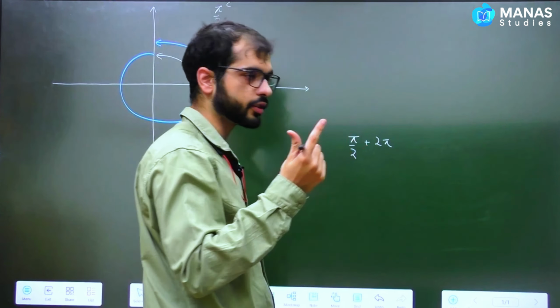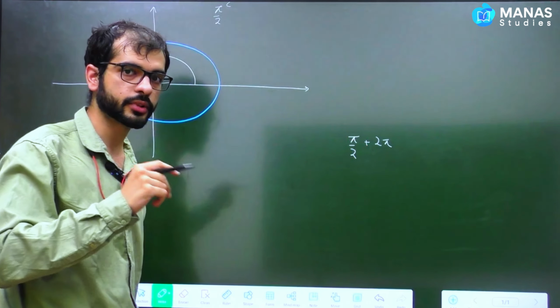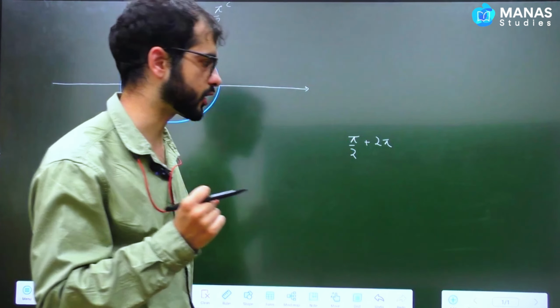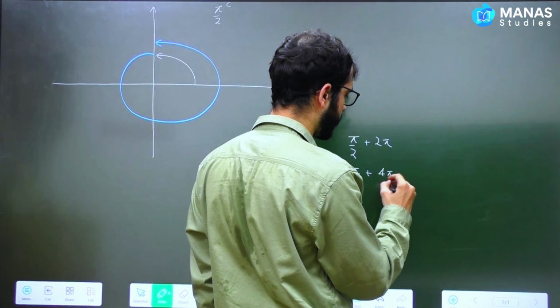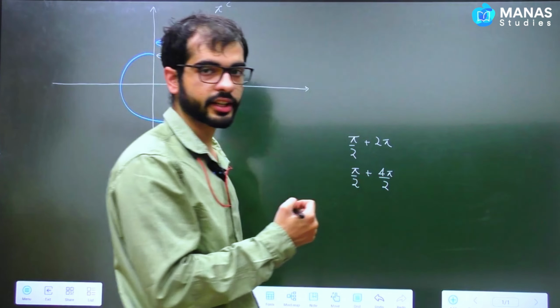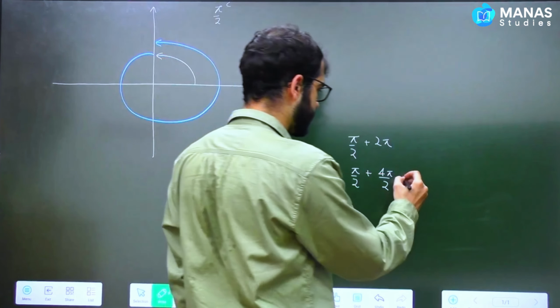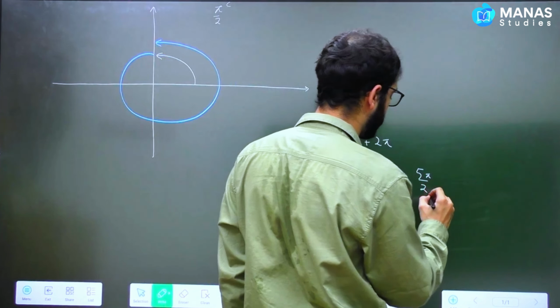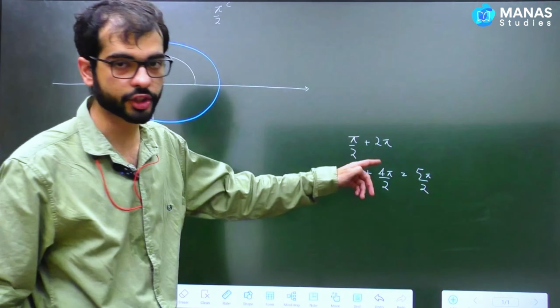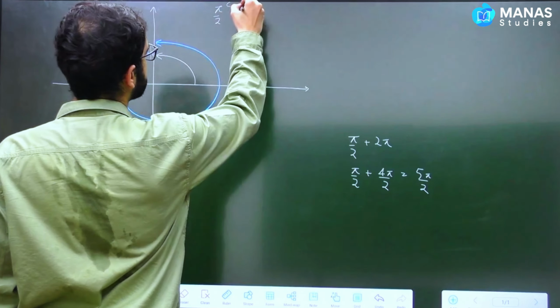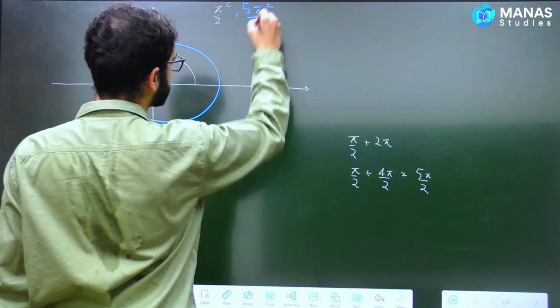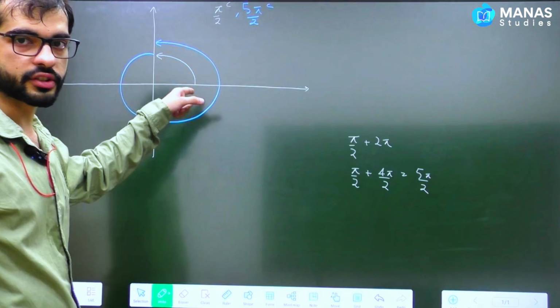That trick will be a shorthand formula and that will be covered later, but let's just focus on the concept right now. So this is going to be pi by 2 plus 4 pi upon 2, multiplying the numerator and denominator by 2. Since the denominators are same, I can add the numerators, so I get 5 pi upon 2. I can say that this angle 5 pi upon 2 radians also refers to the line positive y-axis.